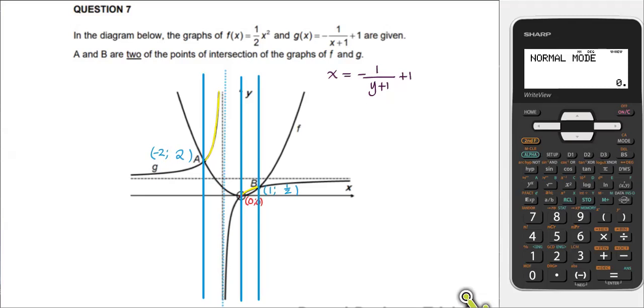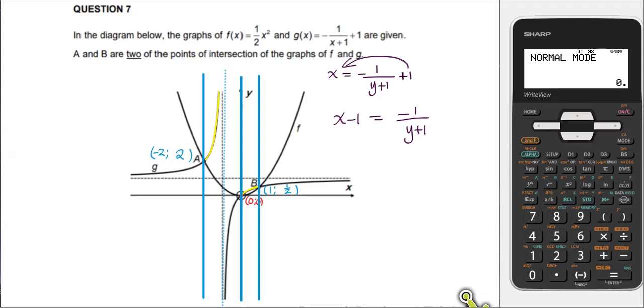All right, that is inverse. We are done, but we need to solve for y. Bring 1 there. You got x minus 1 equals to -1 over y plus 1. That's one way. Next, multiply by this both sides.